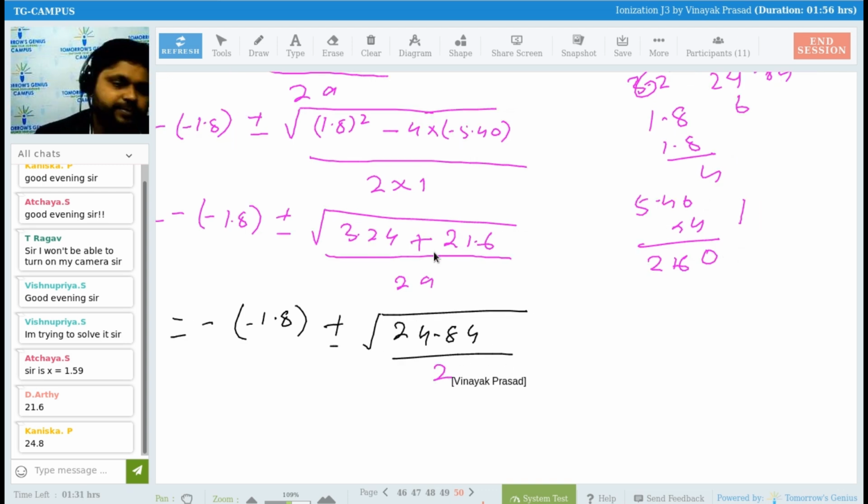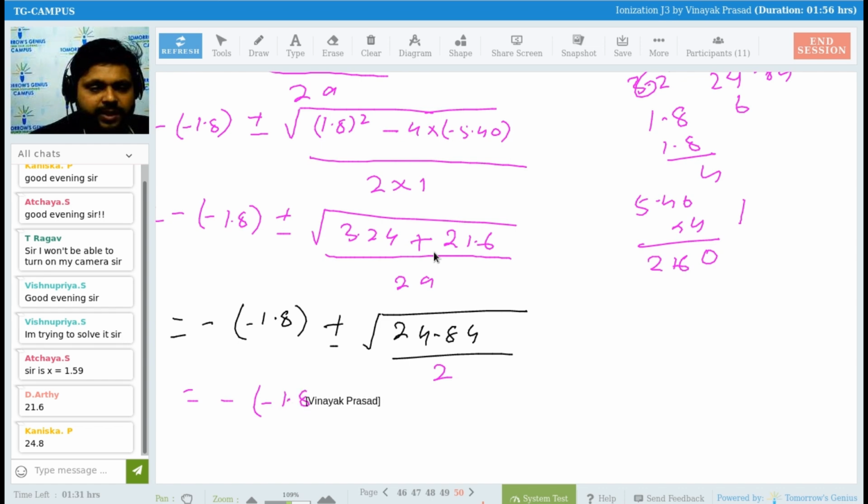So what will you get here? Can anyone tell me what we will get after dividing? What have you got after division? 2 1s are 2, 2 2s are 4, 2 4s are 8, and 2 4s are 8, right? This kind of answer you have got.